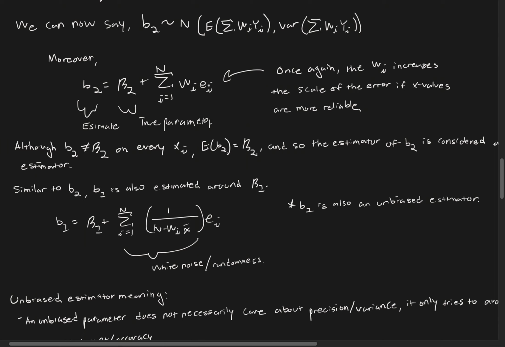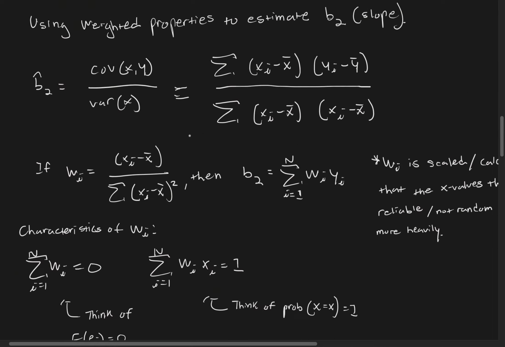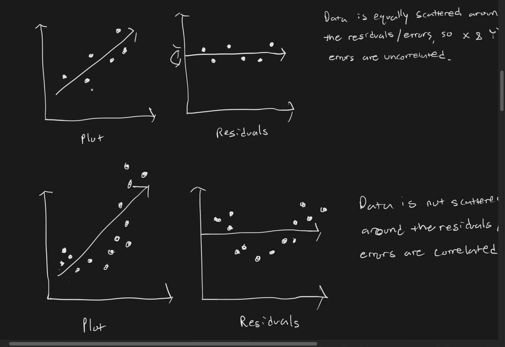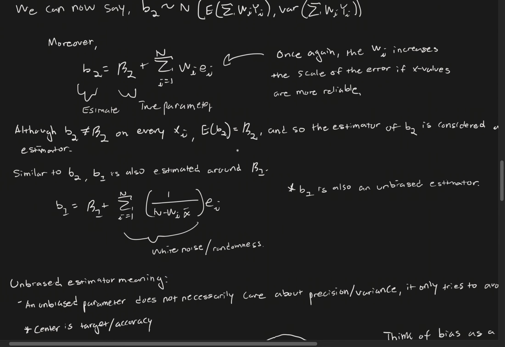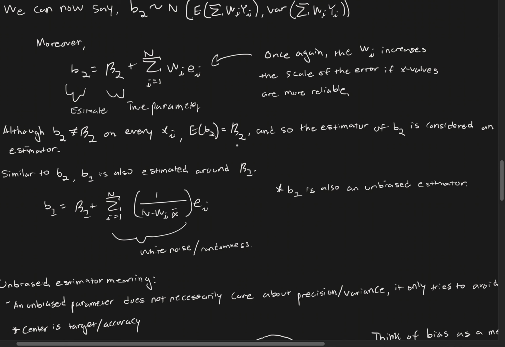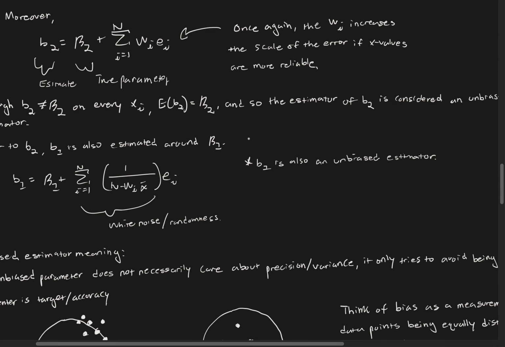And because the expectation of b2 equals the true parameter, even though we're not going to get every estimate right on these types of graphs, and it's unrealistic that the fitted line goes through every data point, we still call b2 the estimator, which we will say is unbiased.